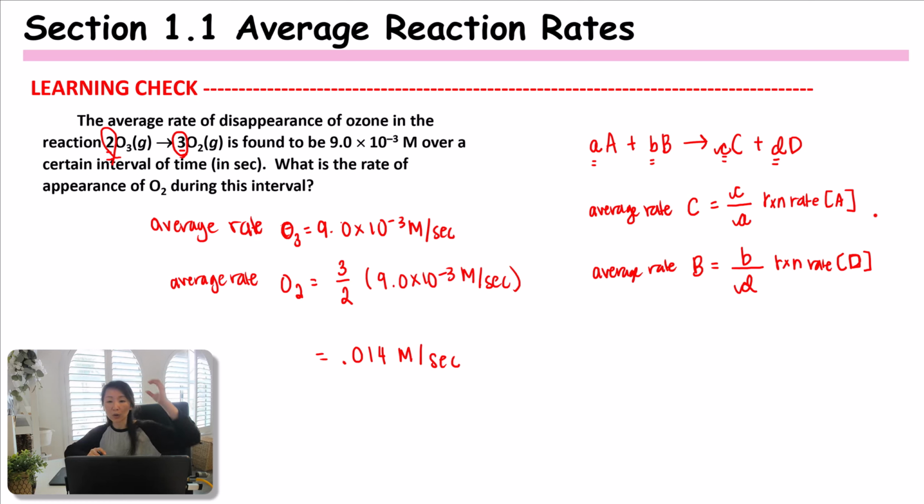So always the coefficient of what you're looking for goes on the numerator. The coefficient from the rate that you already have goes on the bottom. Then the reaction rate itself should give you the value.